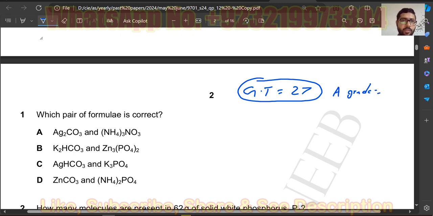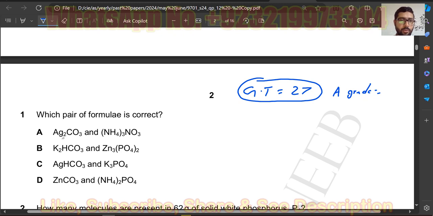Now the first question is about which pair of formulas is correct. We have been given options in the form of compounds: carbonates, nitrates, phosphates. To attempt this question, you need to know the actual formulas of the different ions.